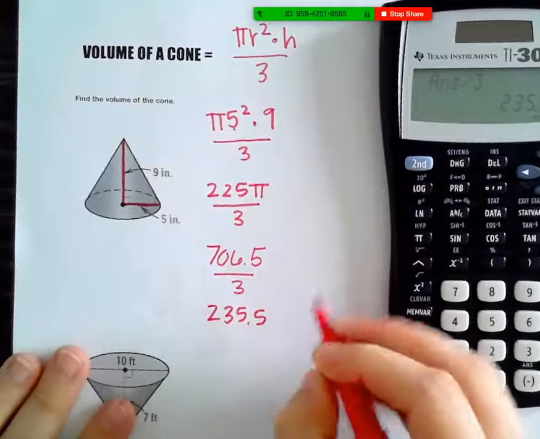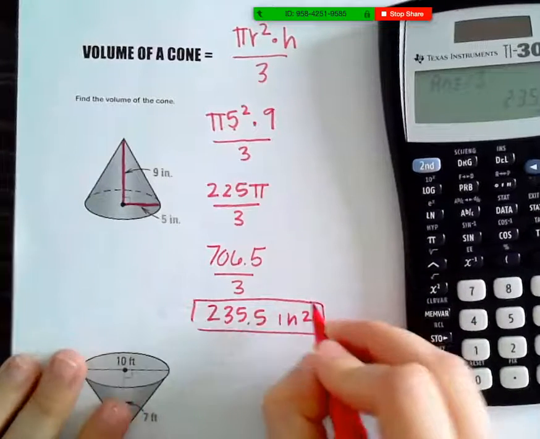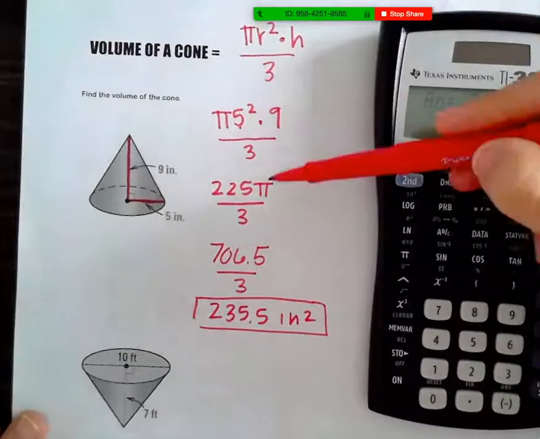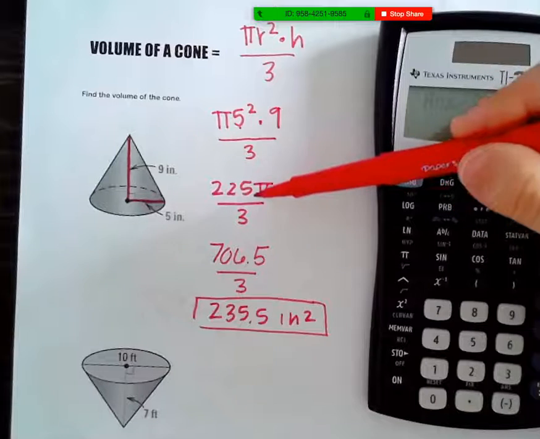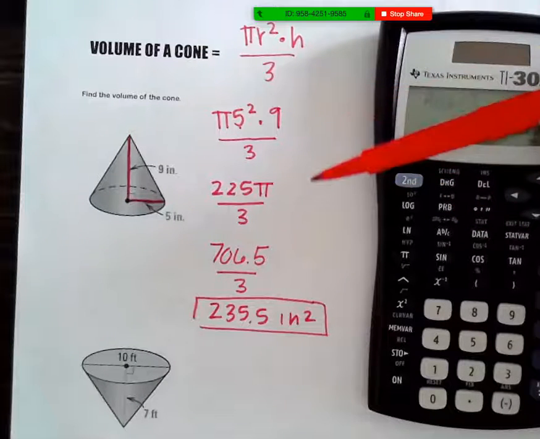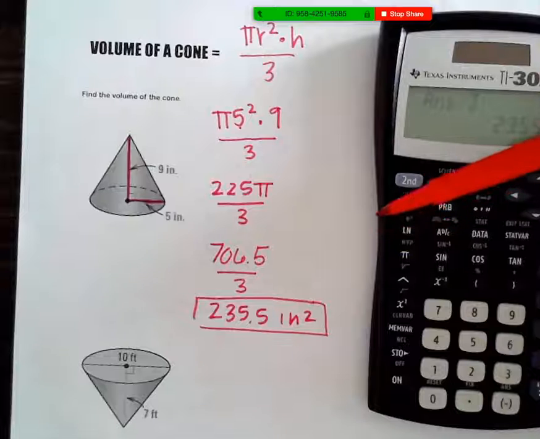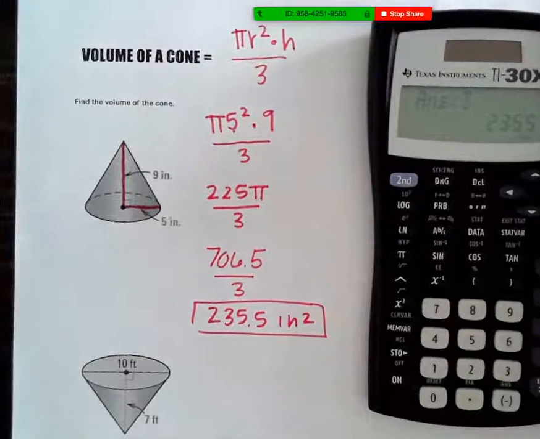Okay, where did I lose you? Look at your work and look at my work. Because I got 225 pi divided by 3. So take 225 times pi right now in your calculator. I'm supposed to multiply that by 3.14, right? Yep. Then I divide that by 3.